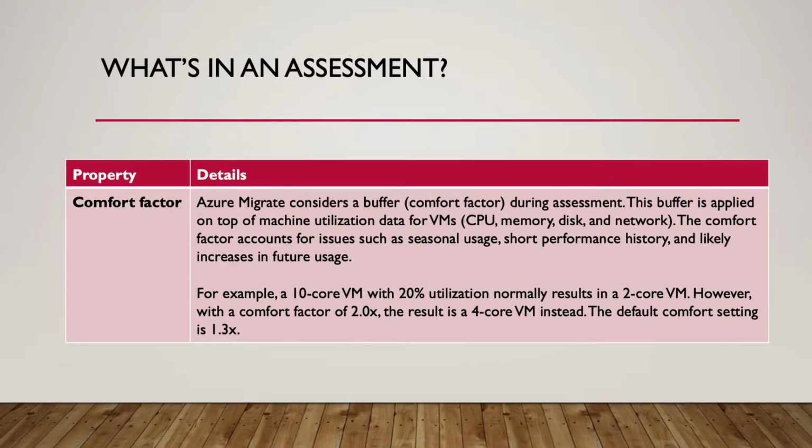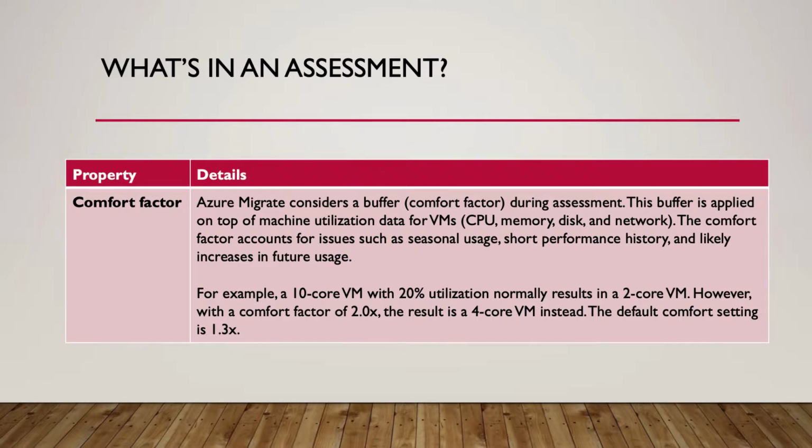Next property is the comfort factor. Azure Migrate considers a buffer or a comfort factor during assessment. This buffer is applied on top of machine utilization data for VMs, which is CPU, memory, disks, and network.